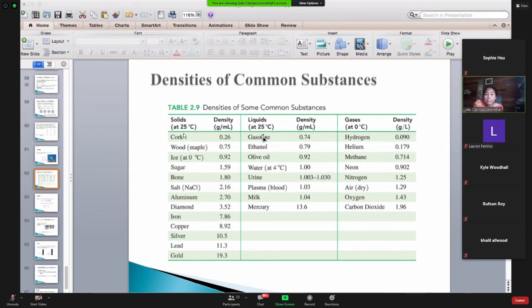Because an example is water. Water at 4 degrees is 1. When water turns to ice, it's gonna go to what? Ice is 0.92. Water especially, you could have the whole semester in food technology, in post-harvest production, probably in medicine, because water is a special molecule.